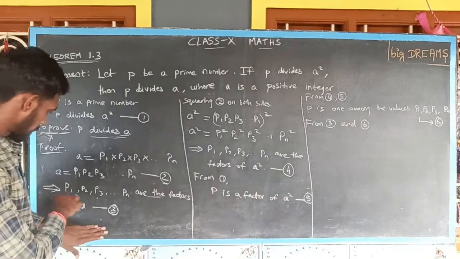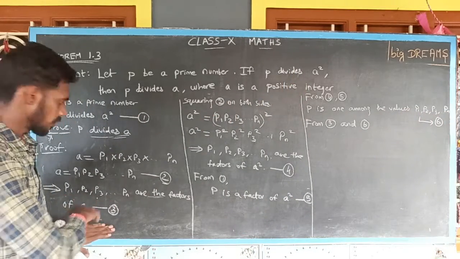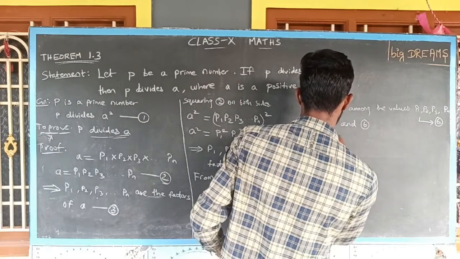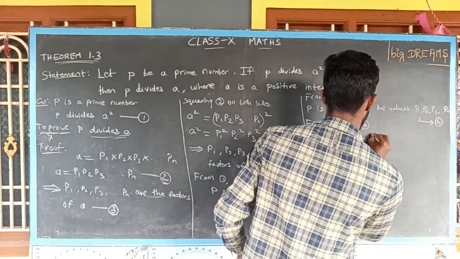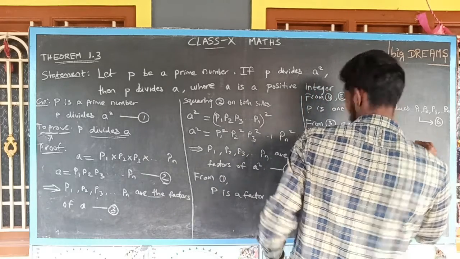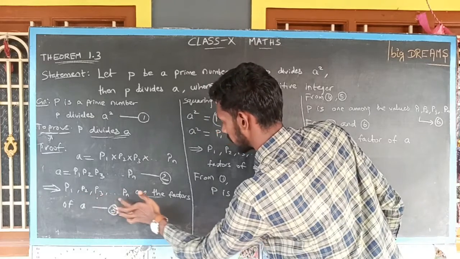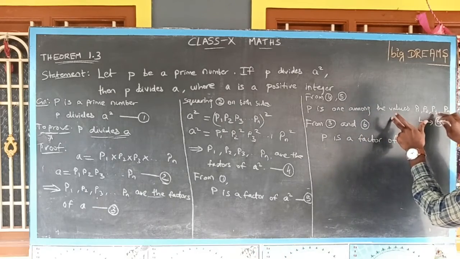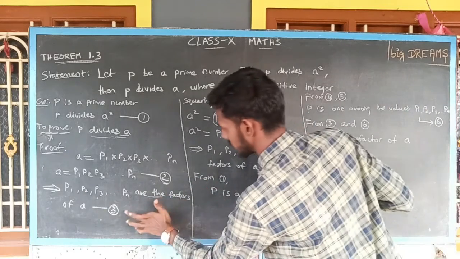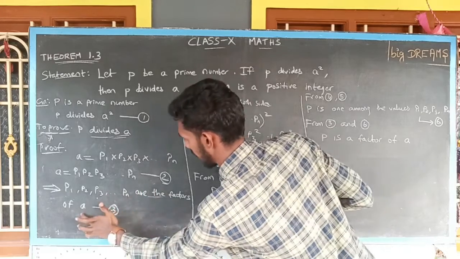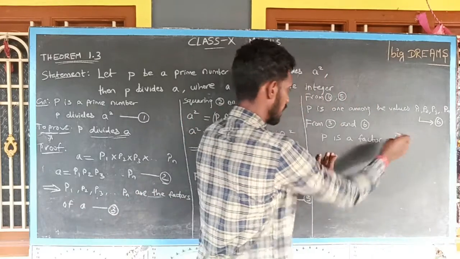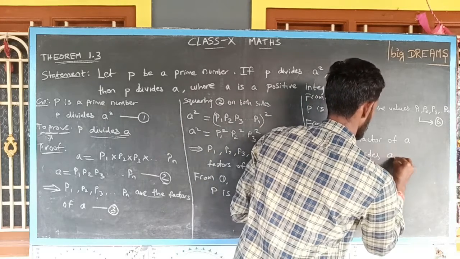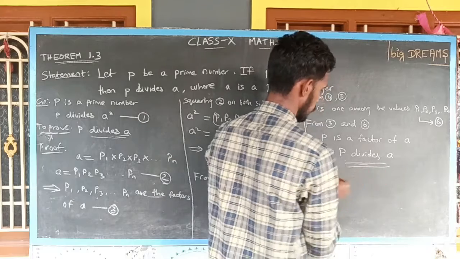Here P1, P2, P3 are the factors of A. So from these I can conclude P is a factor of A. Here P is one among P1, P2, P3 up to Pn, so I can rewrite this step as P is a factor of A. So it states that P is dividing the number A. So this is the proof: P divides A.